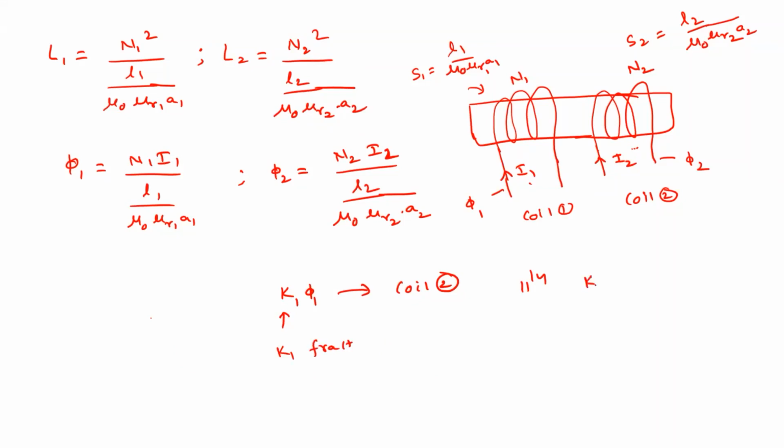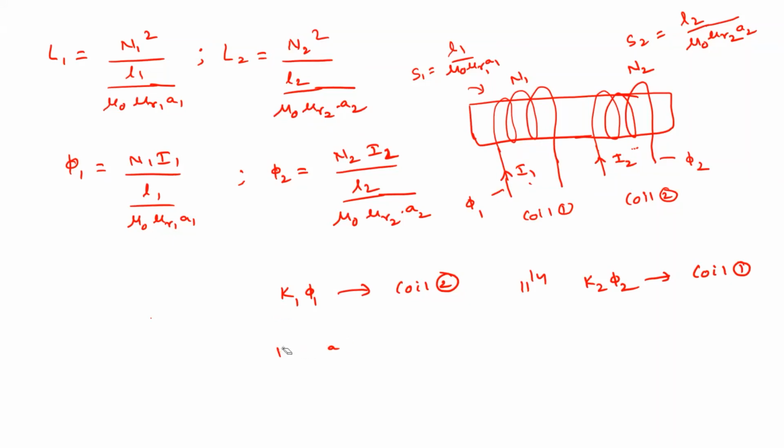Similarly, K2 phi2 is linked to coil 1. Here coil 2 is also producing 100% of flux, but not all of it is linked; only some portion of that flux is linked.